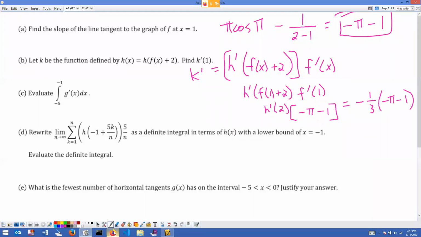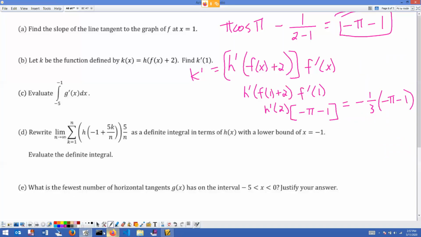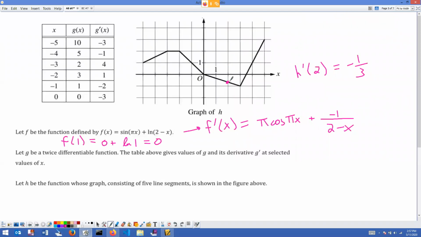Any questions on that one? And that's a numeric answer, so no reason to simplify unless you want. You can write pi over 3 plus 1/3. That's fine, but no particular reason to. Juliana, to find h prime, I went to my graph of h and I said, well, h prime of 2 is just the slope of this function at 2.